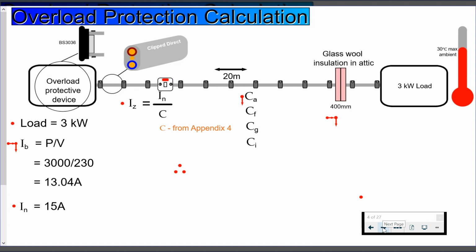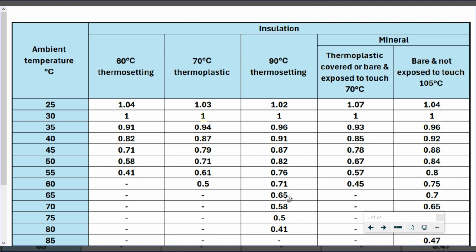So for the first correction factor, we look into table 4B1 in Appendix 4 in your BS 7671. We're looking at the correction factors for thermoplastic cable for an ambient temperature of 30 degrees C. That's correction factor CA.